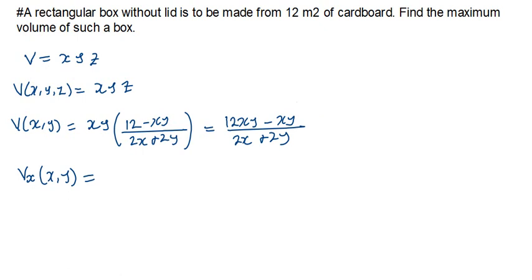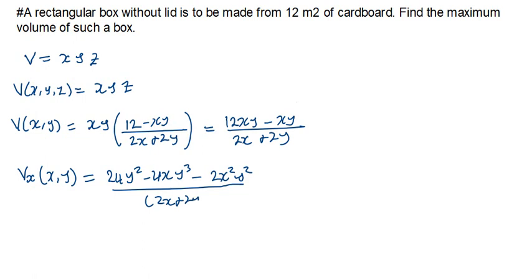What you're going to have is (24y squared minus 4x y cubed minus 2x squared y squared) divided by (2x plus 2y) squared.